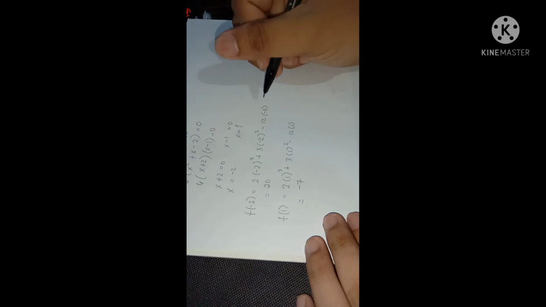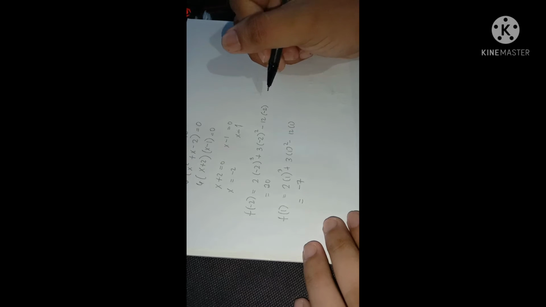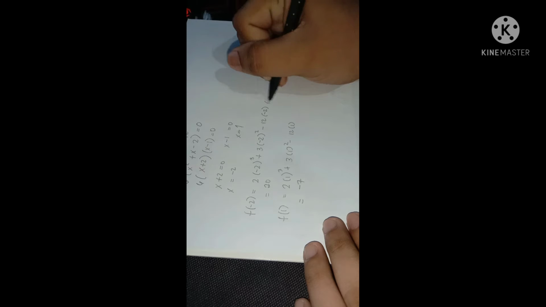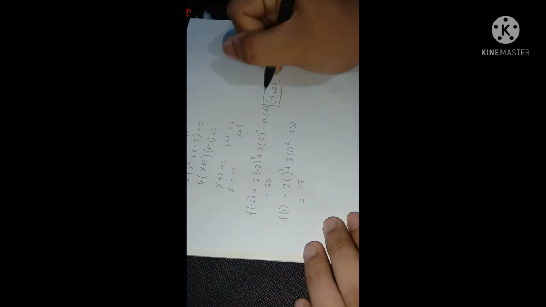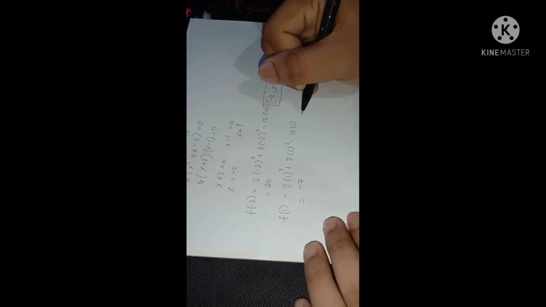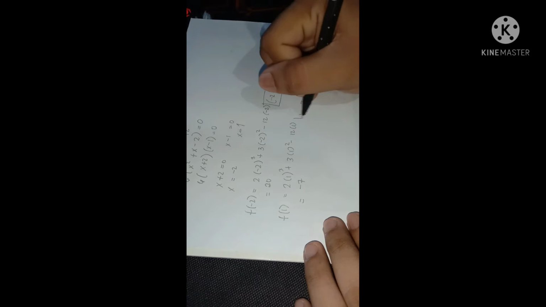So the ordered pair for the first is negative 2 and 20, and the ordered pair for the second is 1 and negative 7.